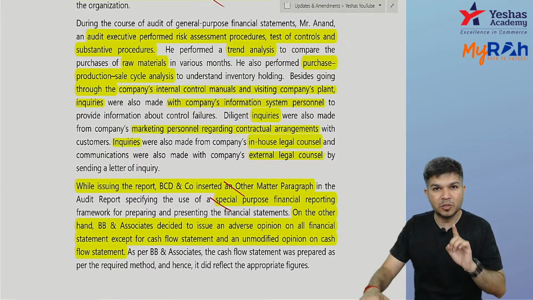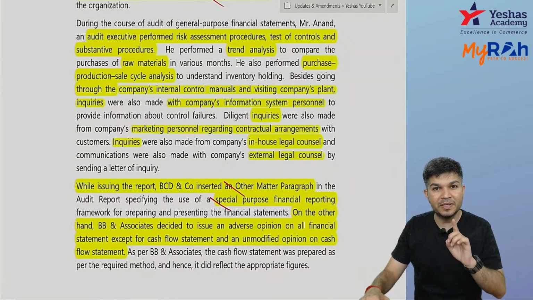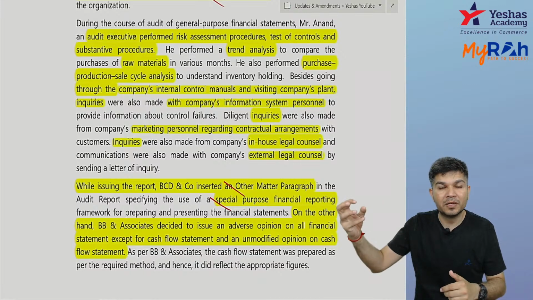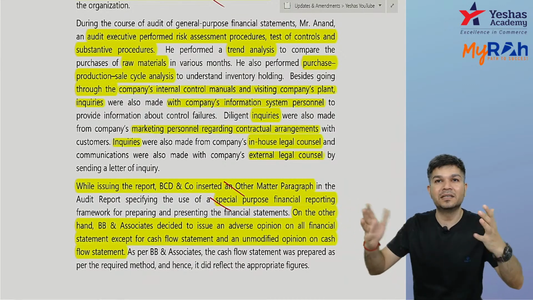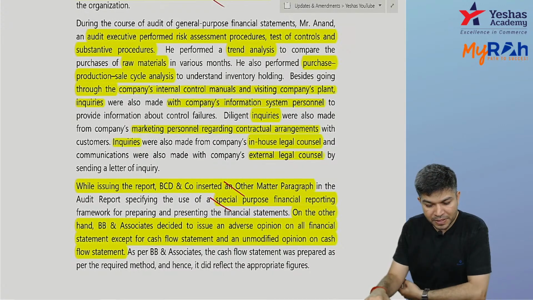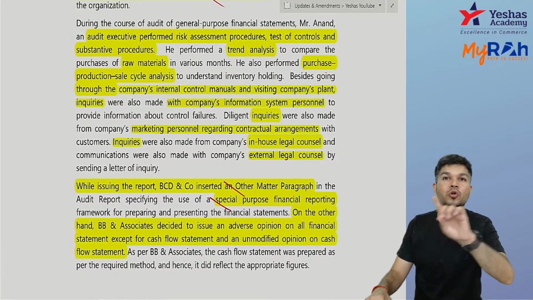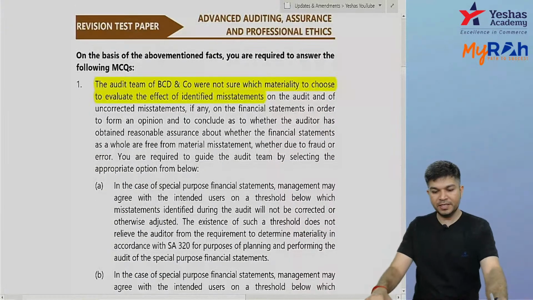If you are the auditor of a general purpose financial statement and you are giving an adverse opinion or a disclaimer of opinion, then you cannot have one single financial statement clean. That is not allowed. So, sir, we are giving clean on cash flow and adverse for the others. No, not allowed.